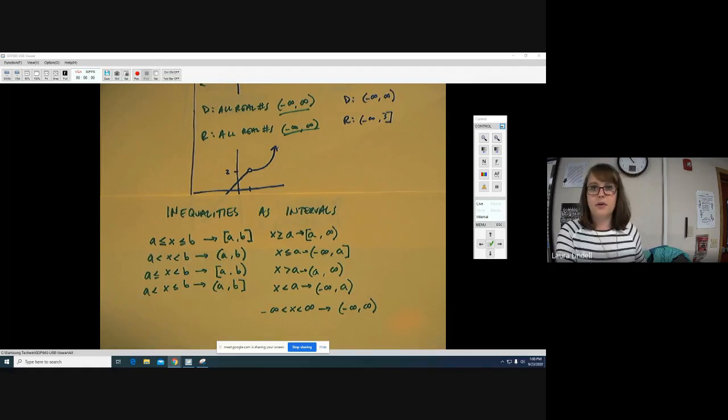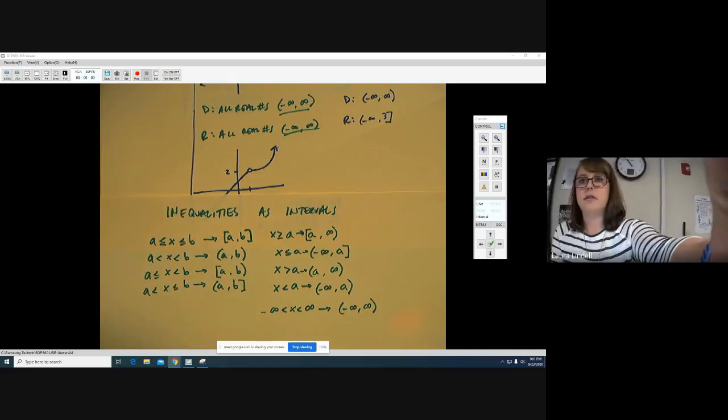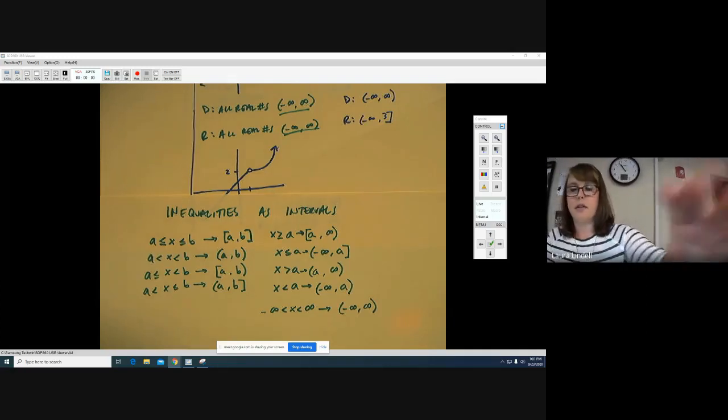So the next thing I'm going to do is set up the assignment for today. And let me find it. Tab is hidden. There it is.